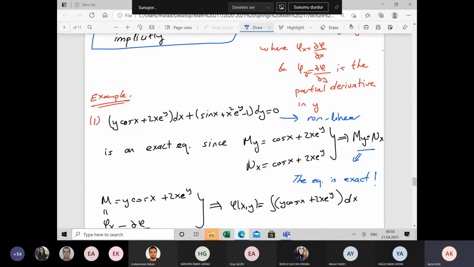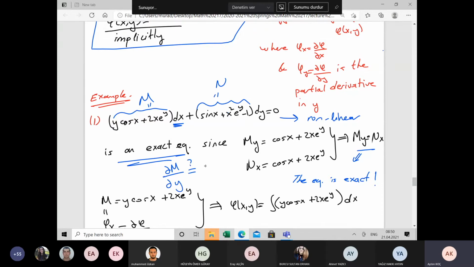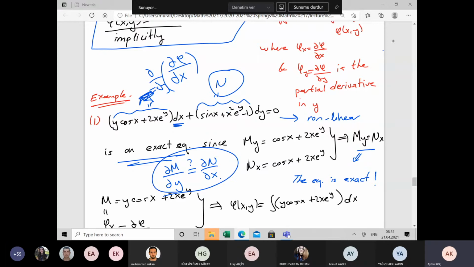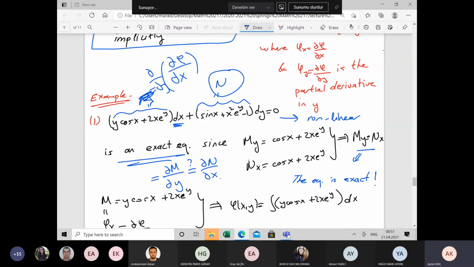Let's check whether it is exact or not. The coefficient of dx is called M, and the coefficient of dy is called N. So how to check whether it is exact? Take dM over dy equal to dN over dx, because M is d phi over dx, and then we take the partial derivative with respect to y, and with respect to x for the other. This is denoted by M sub y, and this one by N sub x.